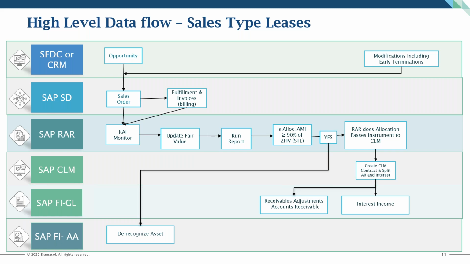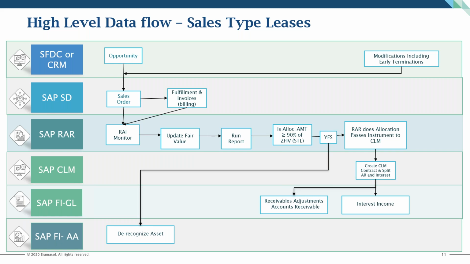This is now a sales type lease. So Shirish, maybe you can talk for a moment about this: RAR will now continue to do the appropriate allocations. Let's assume, and we'll see this in a moment, there's a multi-element arrangement in here, but we distinguish the instrument. What then happens from a systems perspective to that instrument?